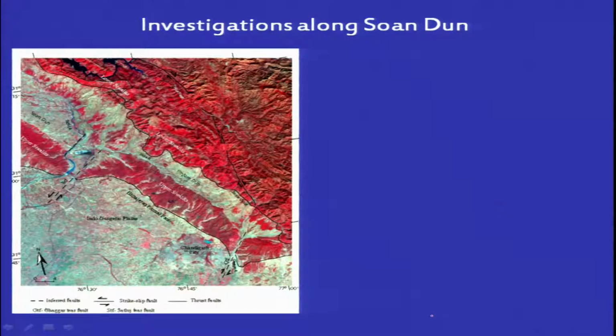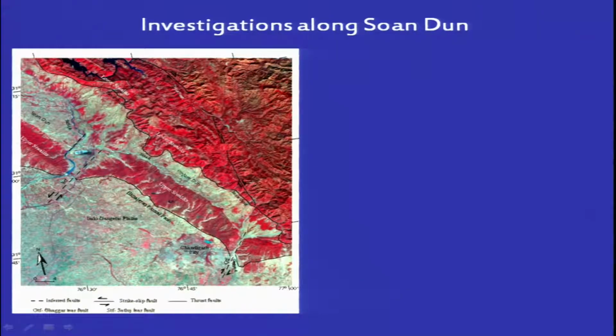Now, when we were doing some of our studies in this region, we came across something very interesting, and we were very much inclined to go and check whether what we had identified from the satellite data was correct or not. This is again Landsat data from the northwest Himalaya, and these are the clear-cut boundaries you can see.